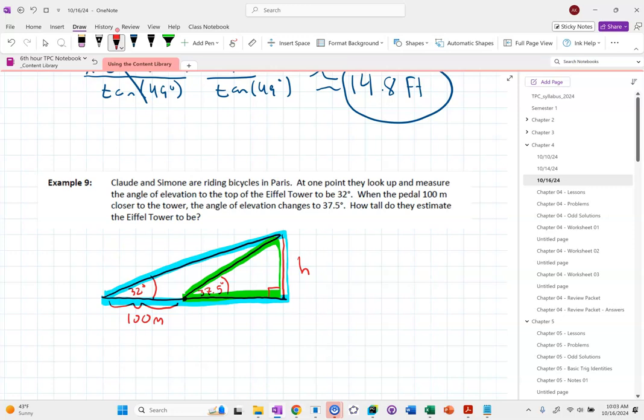Now in either of those two right triangles, do I know a side and an angle? I do not in either of them, right? In the green triangle, all I have is an angle, and everything else is unknown. In the blue triangle, all I have is an angle, and everything else is an unknown. But what do I notice is part of both triangles?